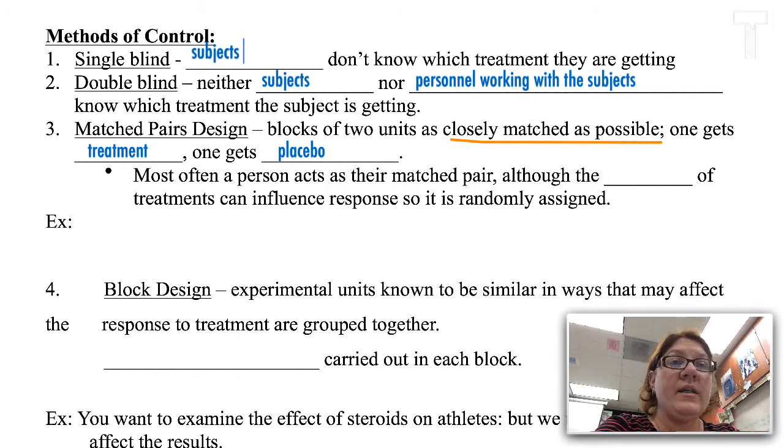Now, what typically happens, but it can't happen in every scenario, is that a single person will act as their own matched pair, and instead what I'll do is I'll change the order of the treatments. We're going to do an example of this in class tomorrow.